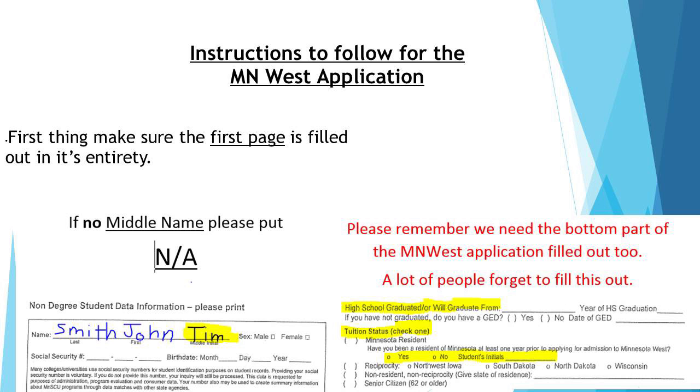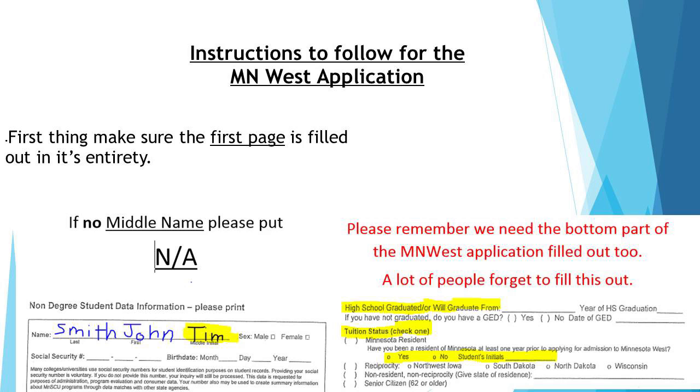There are specific instructions that need to be followed when completing the Minnesota West application. The first page must be filled out completely. Again, take your time. This is not a race. If a student has a middle name, it should be listed. If no middle name, the space should be marked no middle name or NA.